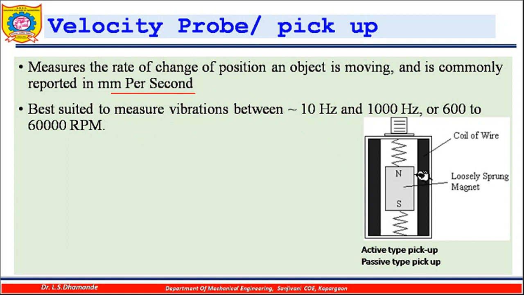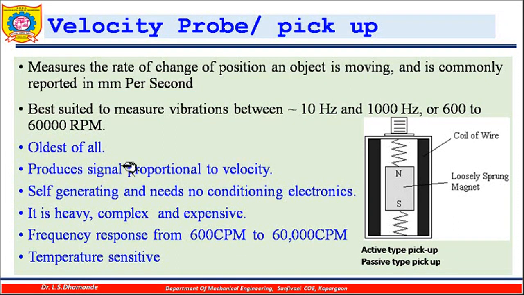So what it consists of, you can see there is a coil of wire here. This is a loosely strung magnet inside it. Okay, there is a spring. There are two types of pickups available under this velocity probe, active type pickup and passive type pickup. It is actually the oldest of all, meaning a very old type of technology. It produces a signal proportional to velocity.